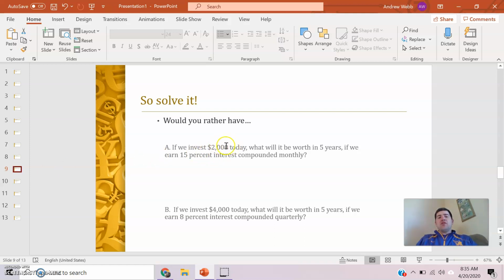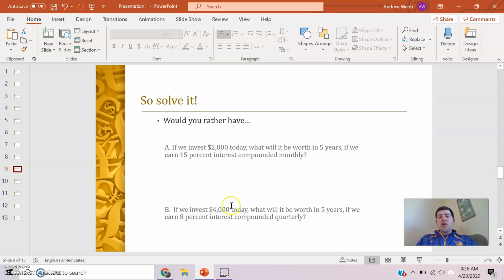We have a present value of 2,000. We have 5 years compounded monthly, so 5 times 12 is the total number of compoundings. We have a yearly interest rate of 15, and when we put it in the calculator, you're not going to put in 15 because that's a yearly rate. What we need is a monthly rate. So we're going to divide 15 by 12, and that's the interest rate we're going to put in.